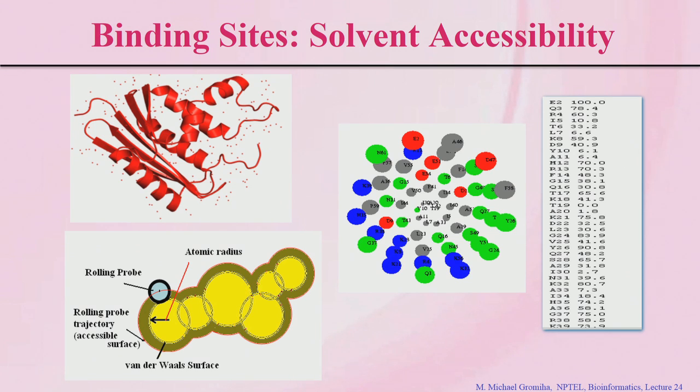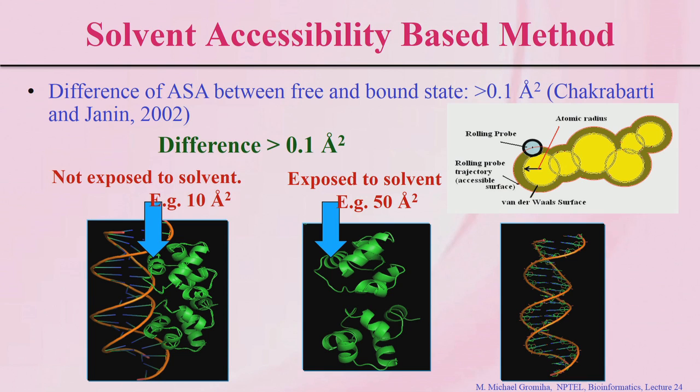So, how do we use the concept of solvent accessibility to identify the binding sites? Here is the same figure again. This is the complex, which complex is this one? A protein-DNA complex. We cut it into two pieces. Here we are not taking the free protein or the free DNA, we take the complex and divide it into two pieces.